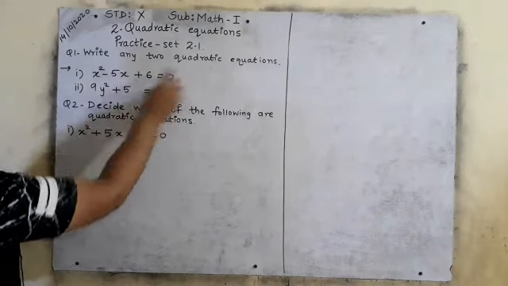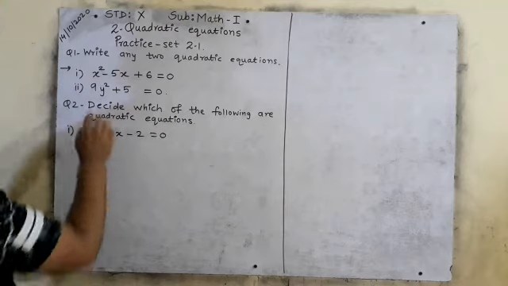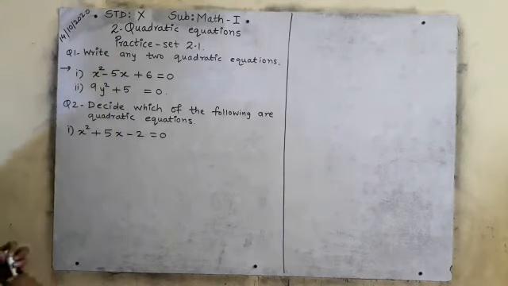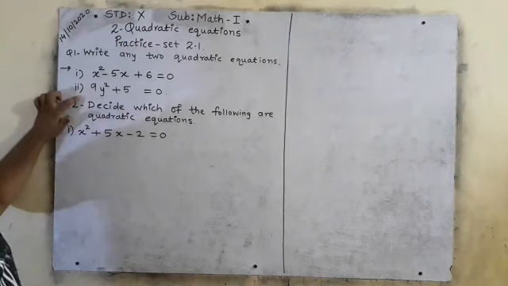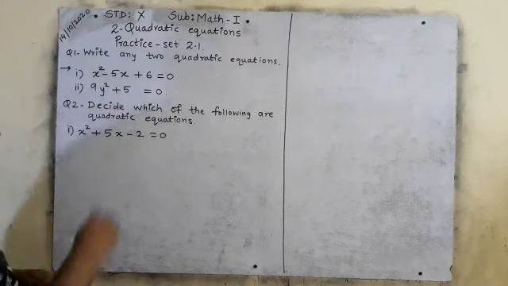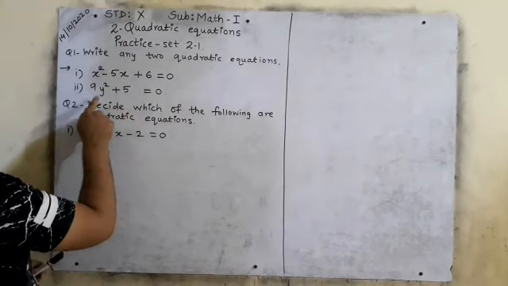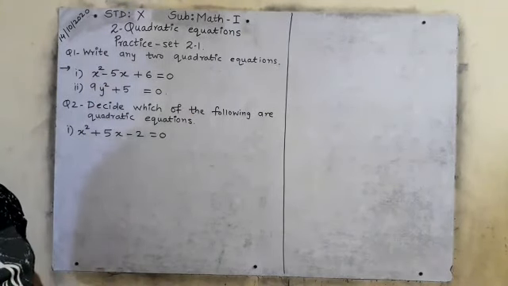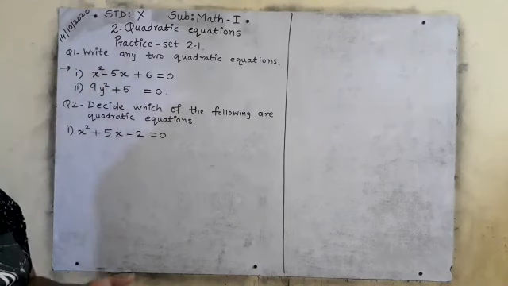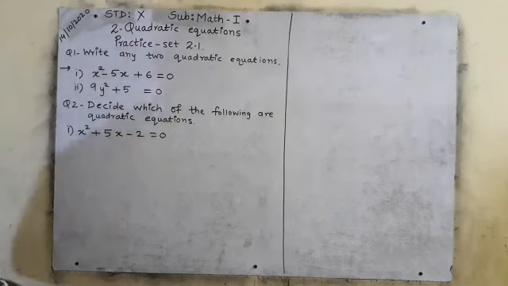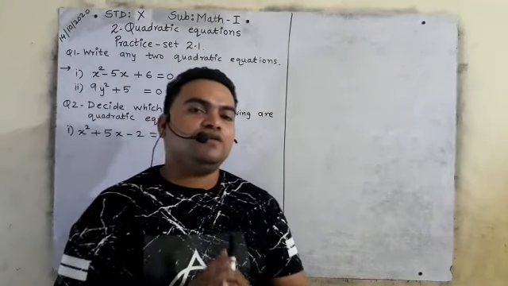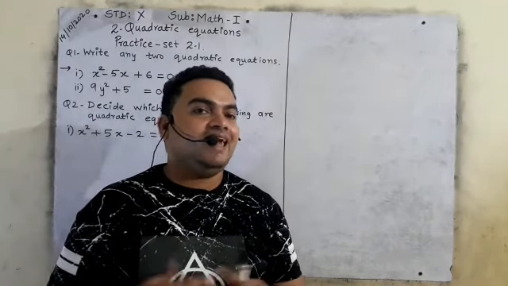Here x is the only variable and the highest degree of this variable x is 2. So it is a quadratic. Now see the second example. 9y square plus 5 is equals to 0. It is an equation. Here y is the only variable whose highest index is 2, so it is a quadratic equation. So like this you can make your own equations by using any real numbers and any variable.